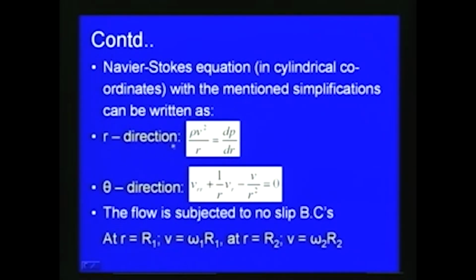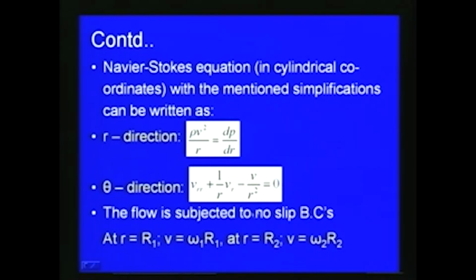In the r direction we can write rho v square by r is equal to dp by dr, and then in the theta direction we can write the second derivative of the velocity, d square v by dr square, plus 1 by r dv by dr, minus v by r square, is equal to 0. The subscript 2 shows the second derivative and this is the first derivative: Vrr plus 1 by r Vr minus V by r square is equal to 0.